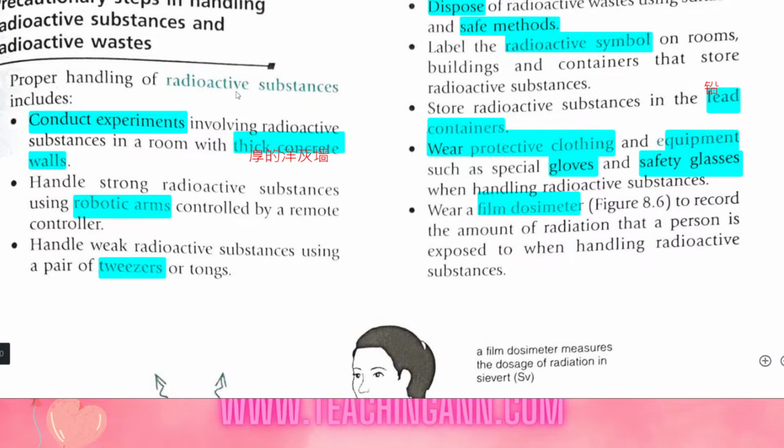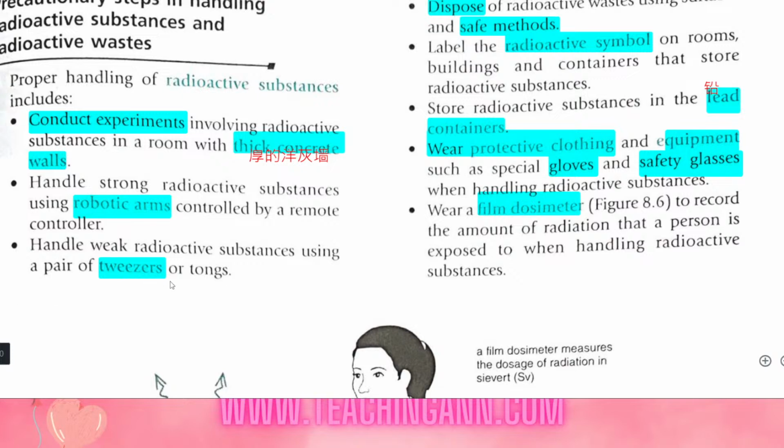If you want to know how to properly handle your radioactive substance, you must conduct the experiment within thick concrete walls, and take note, don't use your bare hand to take the radioactive substance. Wow, so brave, Iron Man? You use a robotic arm, understand? Don't do stupid things, like using your mouth to take the radioactive substance and put it into somebody else's mouth. Cannot, okay.